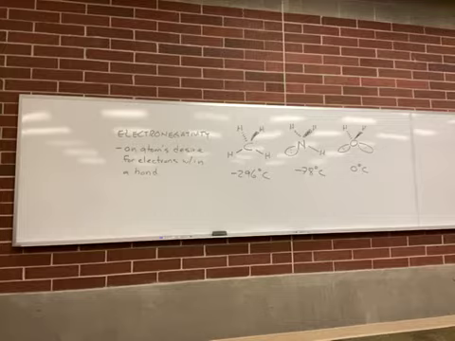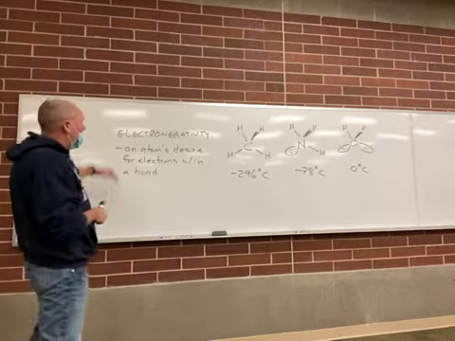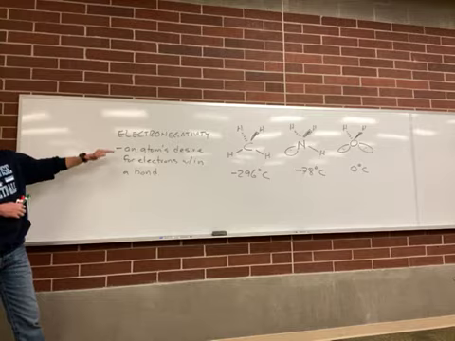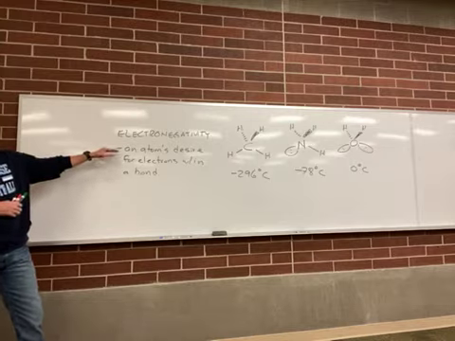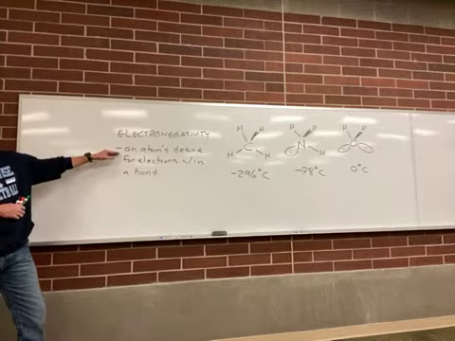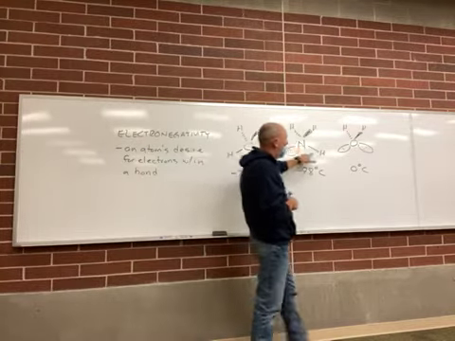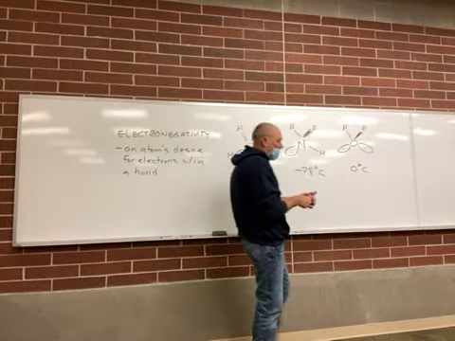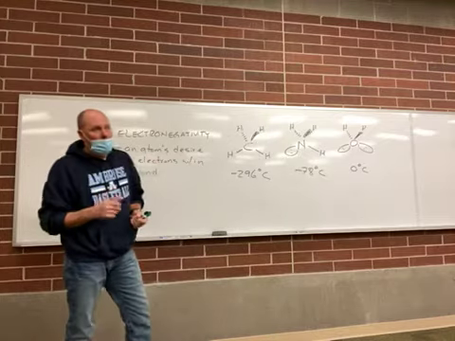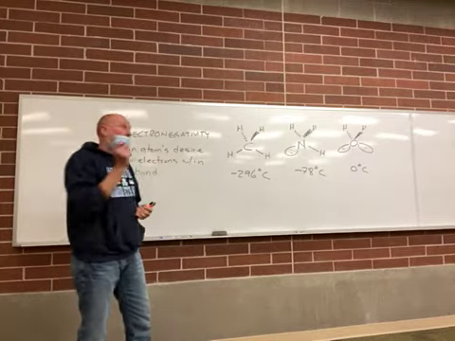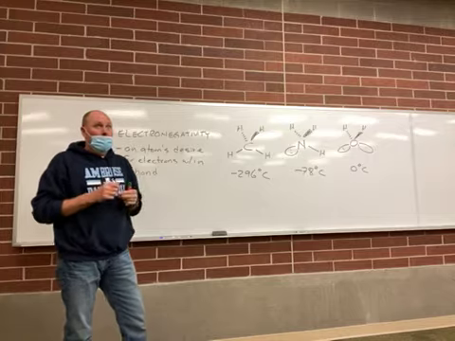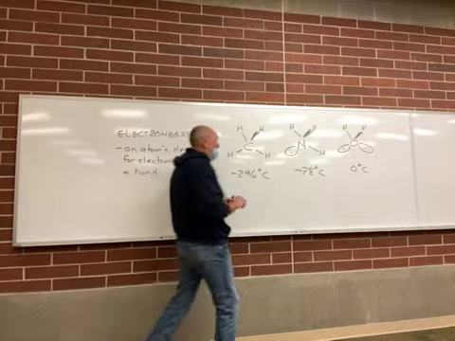Okay? Are we good? So now let's go back and see what's going on over here. If electronegativity is an atom's desire for electrons within a chemical bond, now I can begin to see what's going on with these bonds. Okay? So when I take my knowledge of electronegativity and I apply it to these molecules, notice what happens.